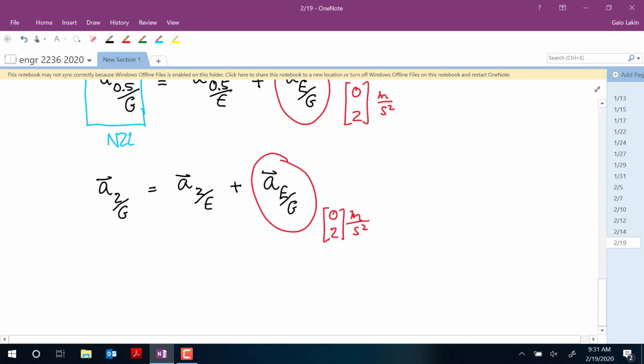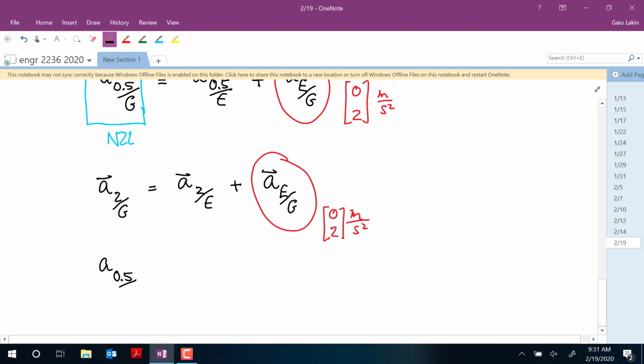We're still going to have the same thing where the acceleration of the 0.5 relative to the elevator is 0, I'll call that a 0.5.